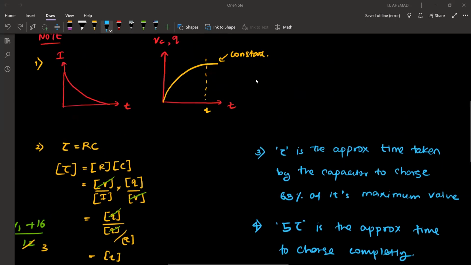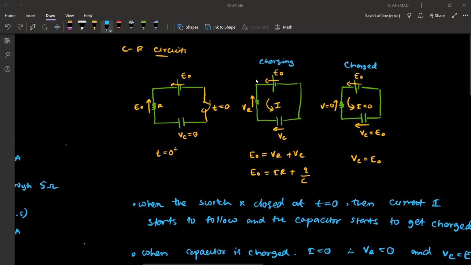For example, let's say in this circuit we have R is equal to 1 kilo ohm, and the capacitance is equal to 10 microfarad.